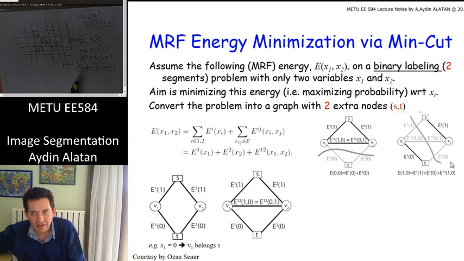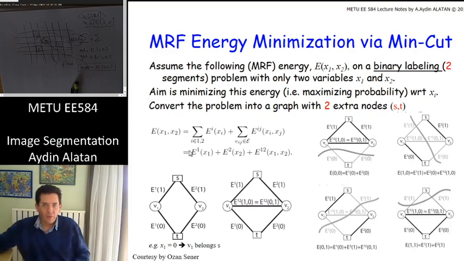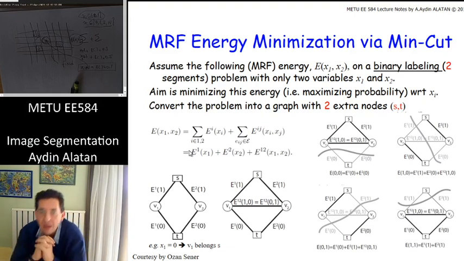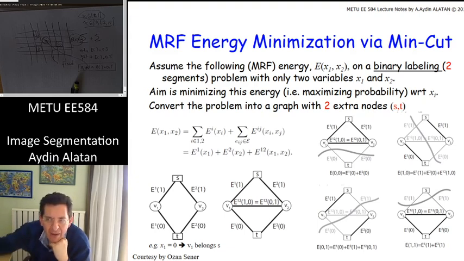This cut, consisting of this one and that one, is the sum of the 3 energy terms that I have. And similarly this one. What I'm trying to explain is this. I have an energy term to be minimized by adding 2 extra nodes and connecting every pixel to these nodes.